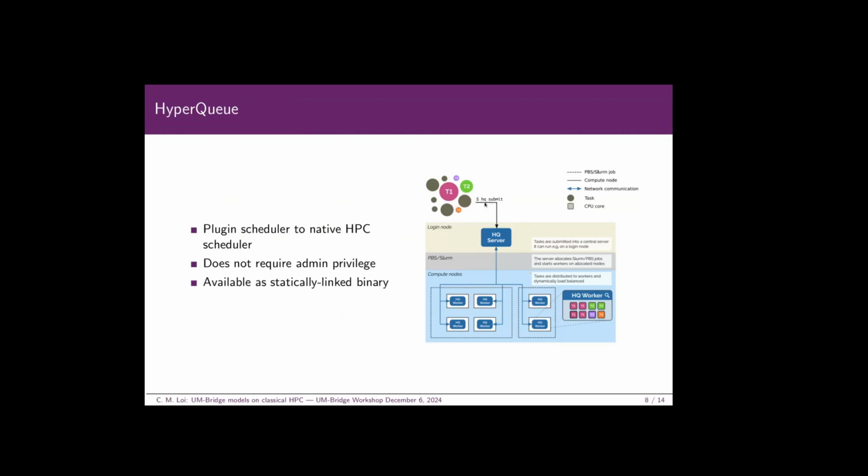So this is how the pipeline goes. Suppose you have the HyperQ server in the login node where you submit jobs, and then HyperQ receives the HPC resources from your scheduler, and it will deploy and distribute these tasks into the compute nodes. Or as a HyperQ worker, I should add.